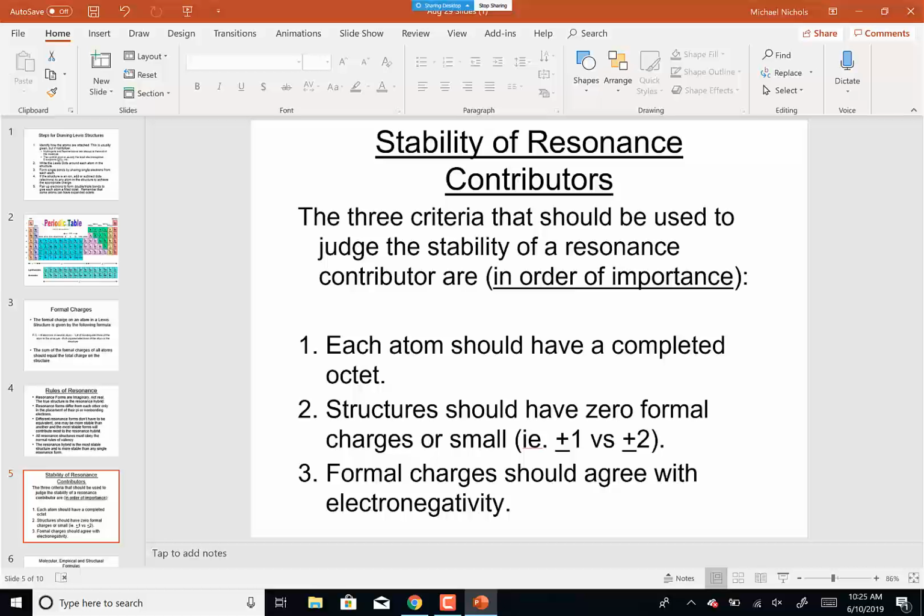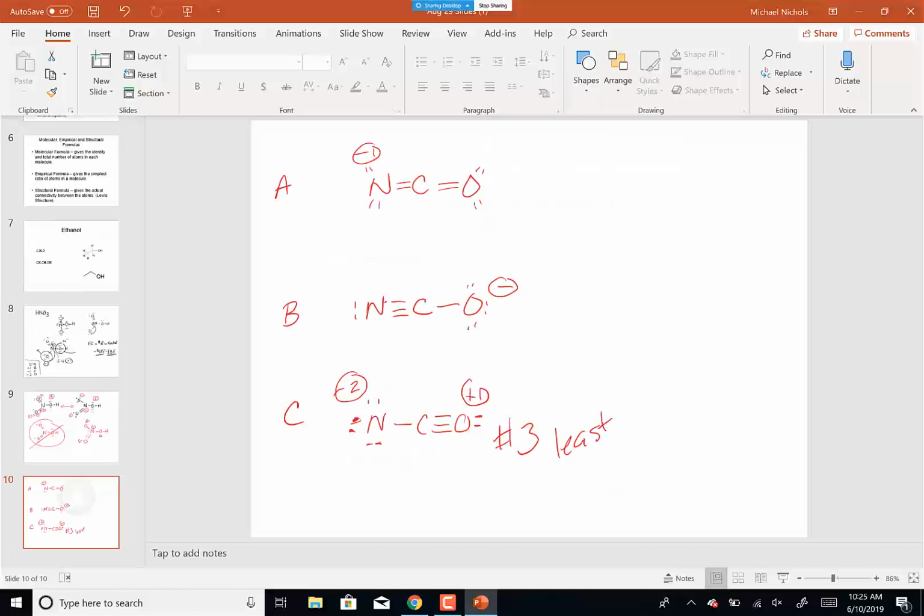So in this case, we're down to 2. And the question is, for A and B, I've got a -1 charge on nitrogen, a -1 charge on oxygen. Who wants the negative charge? The oxygen. Why?